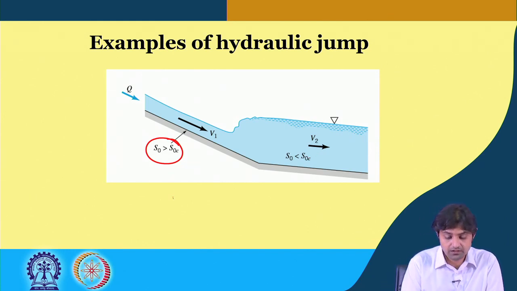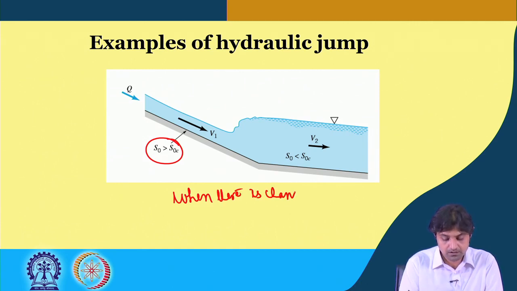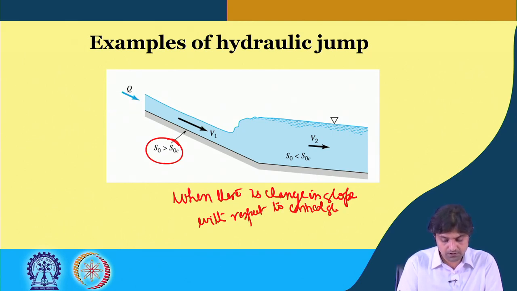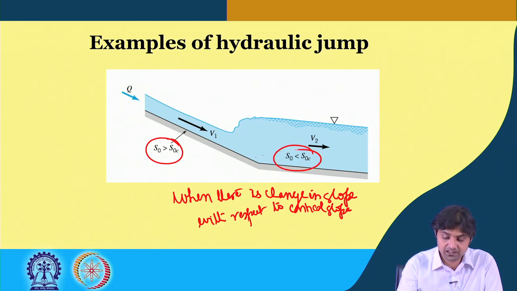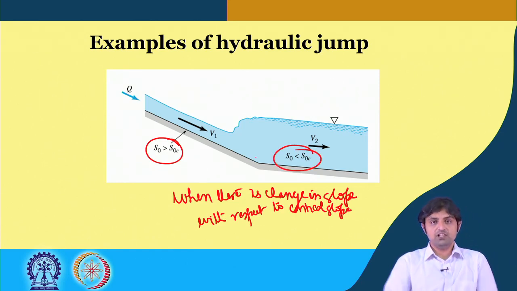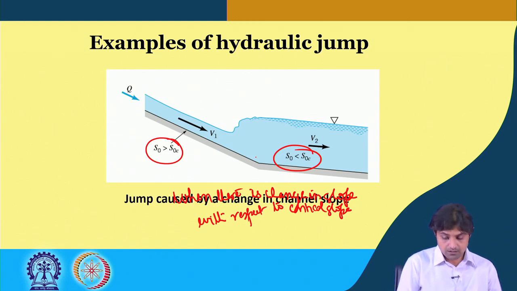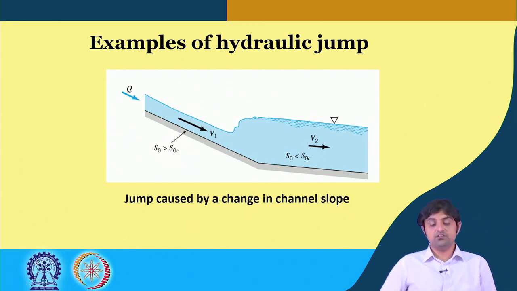So basically, when the slope of the bottom was greater than the critical slope and it transits to a region where the slope becomes less than the critical slope, then the hydraulic jump will occur. As I said, this is a jump which is caused by a change in the channel slope.